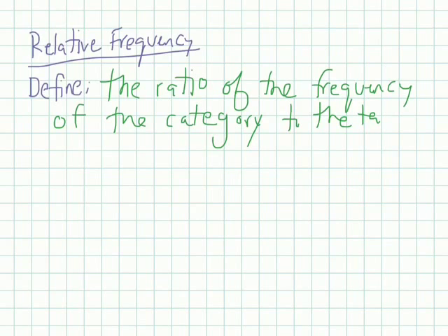Let's read through this one more time. Relative frequency is the ratio of the frequency of the category to the total frequency. And we'll look at an example for that right now.